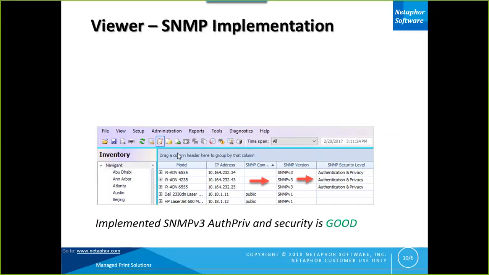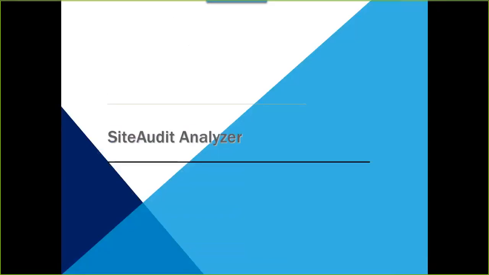If one of those is implemented, which would only be authentication, then it's okay, pretty good, but to get the best, you need to have authentication and privacy implemented. So that's the viewer, and that comes out of the box. You don't have to do more than just have version 6.8 to get that benefit.